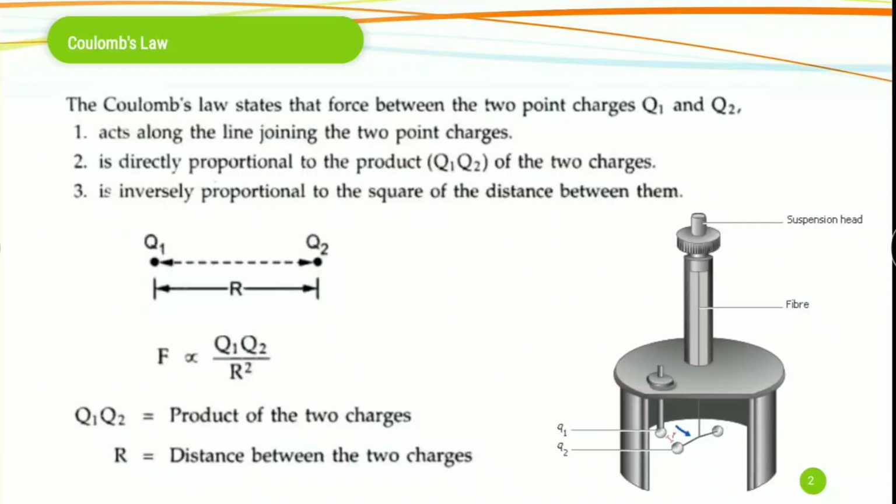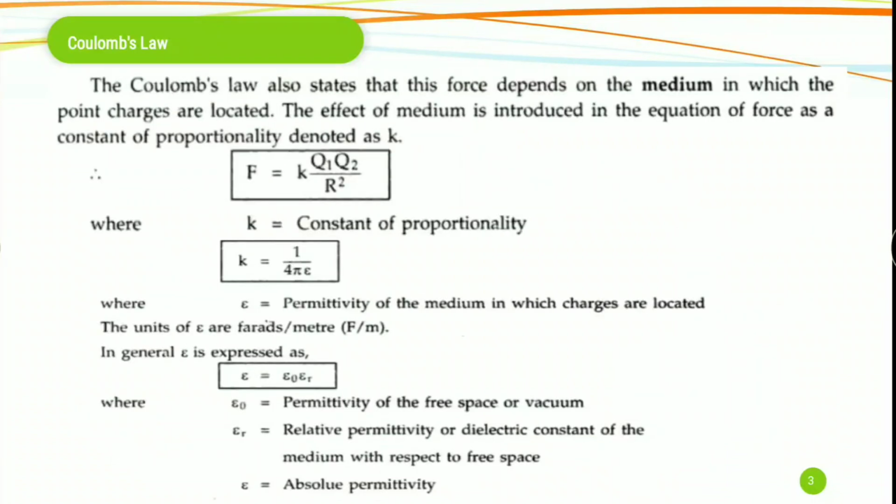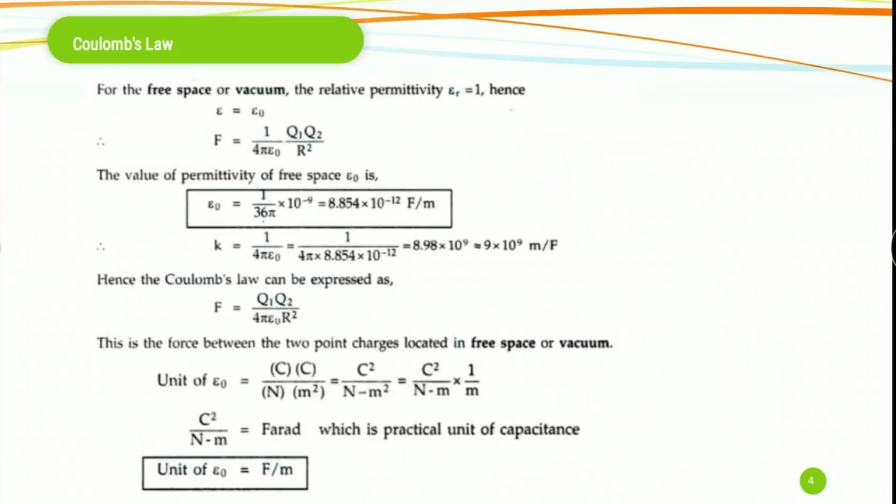So that's why, to remove the proportionality, Coulomb developed a proportionality constant. That will be discussed in the next slide.